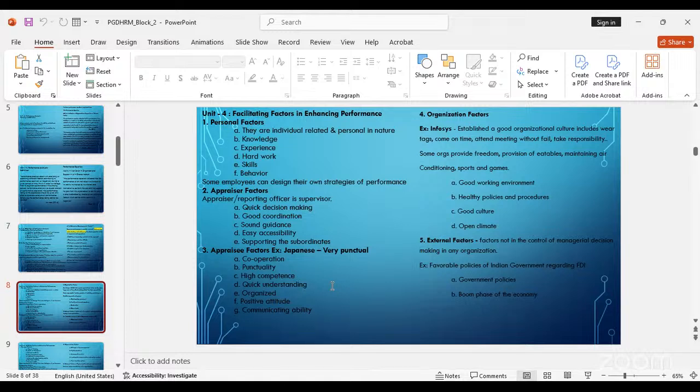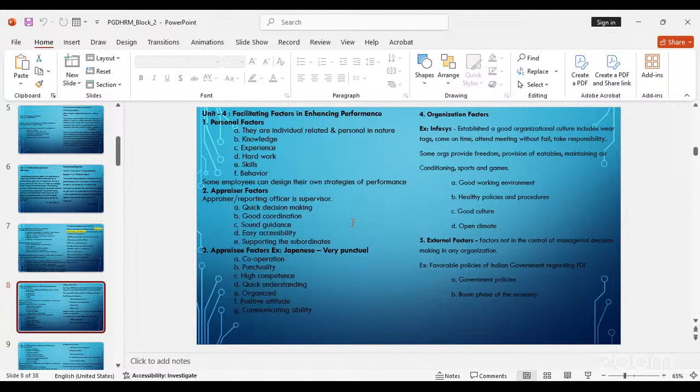What are the appraisee factors? Appraisee factors include cooperation, punctuality, high competence, quick understanding, being organized, positive attitude, communicating ability. These are the factors from the appraisee side. Okay. For example, if you take the Japanese, they are very, very punctual. That will help them to deliver a better, enhanced performance.